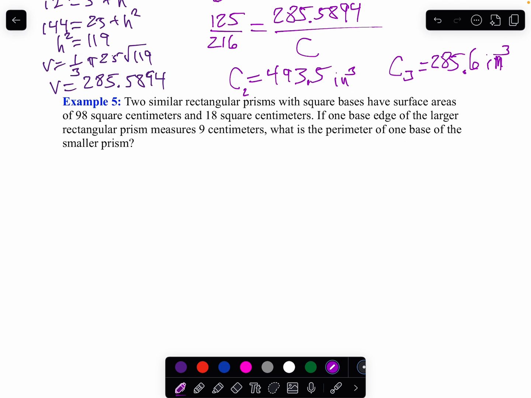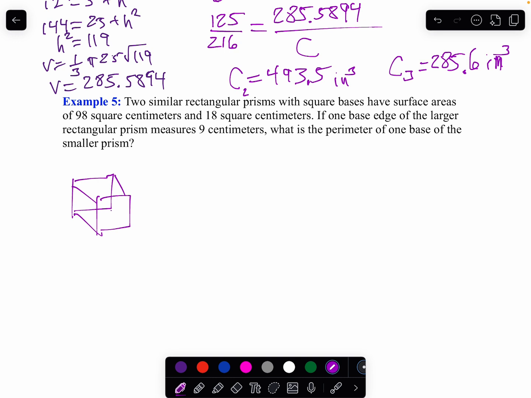Now in our last problem, let's take a look here. We have these 2 rectangular pyramids with square bases. So I've got a square base here. That's my first one. And then it says they have surface area of 98 and 18.